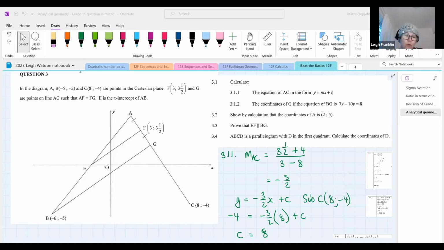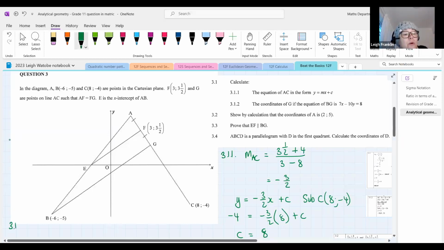So the only way that you can solve for the coordinates of G is to do it simultaneously. So you're going to use your equation for AC that you've already got. Let's just put 3.1.2 over here. You know that AC is the line y equals -3/2x plus 8, right? We got that from 3.1.1.